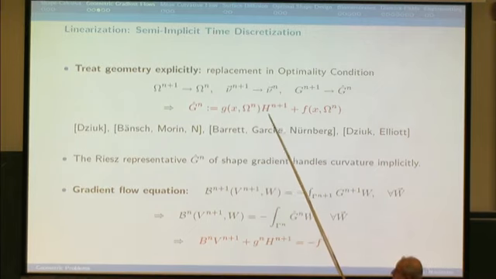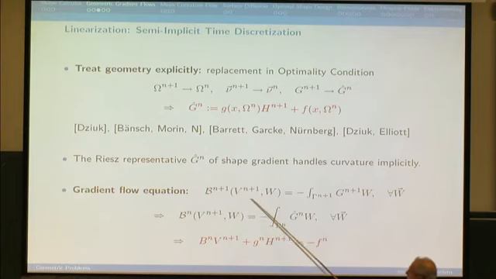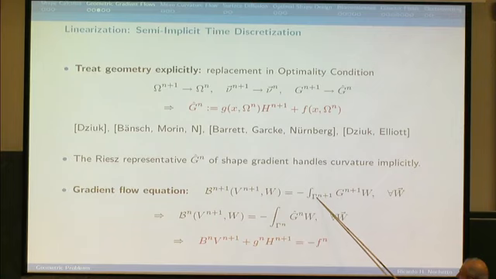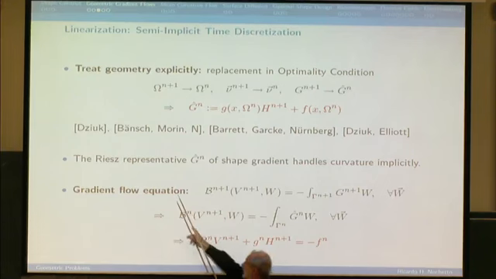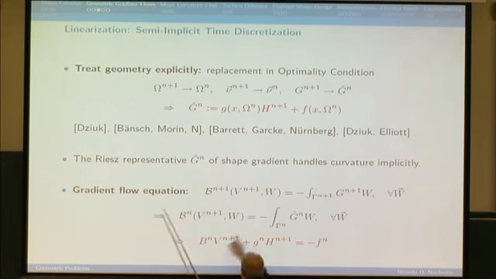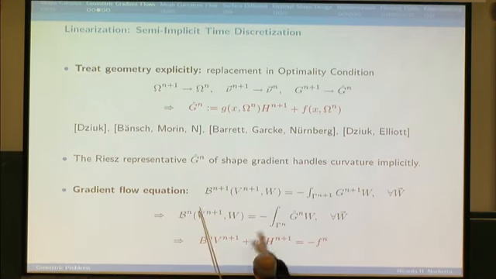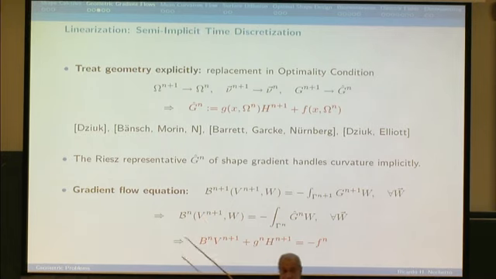Okay, so with these ideas, we write the problem, this problem, in a simplified way. This is very nonlinear. The geometry is the current. This is a mixture, okay, and we are on the current surface. But we compute the curvature that is hidden here and the velocity implicitly.